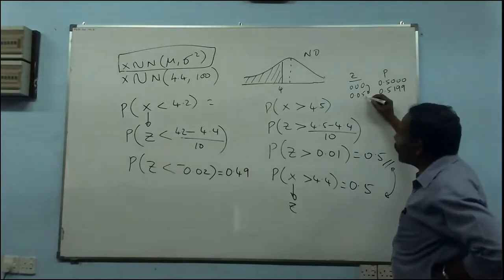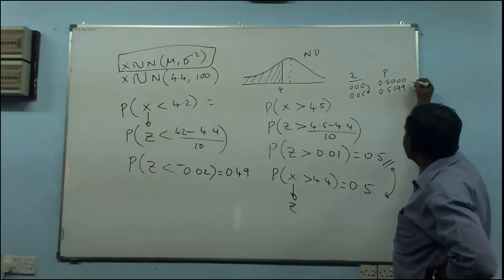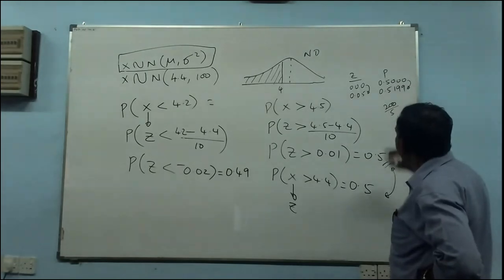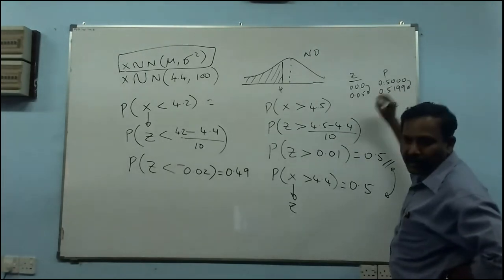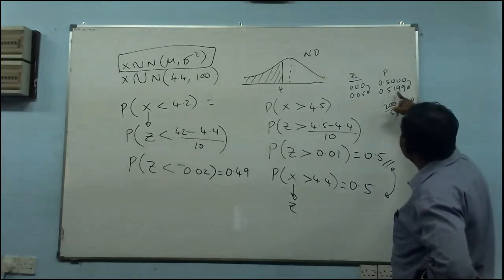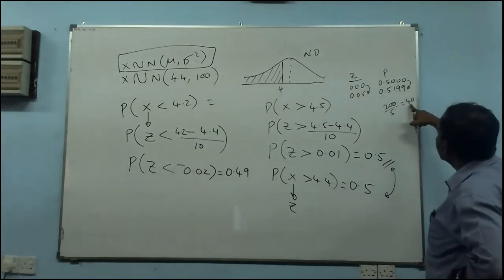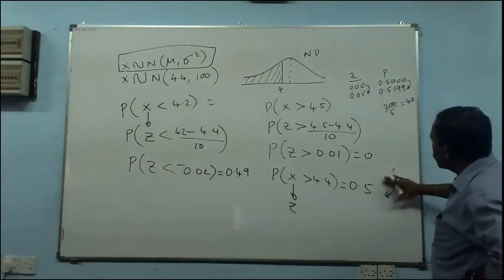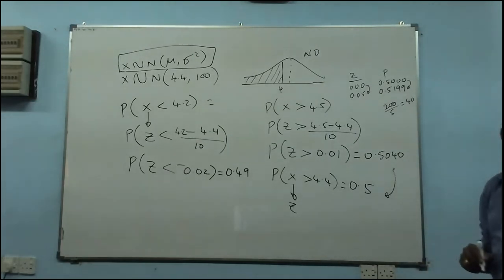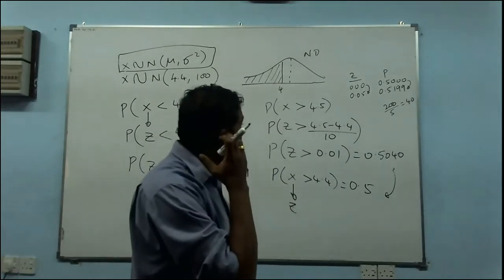What is the change of units? 5 units, isn't it? From here to here, 5 units. Here to here, roughly about, let's say, 200 divided by 5. This is 200, this is 5 units, so each unit you have roughly about 40. So I can write this as 0.5040 probability value. Can you accept that?